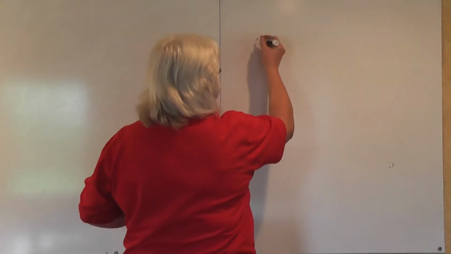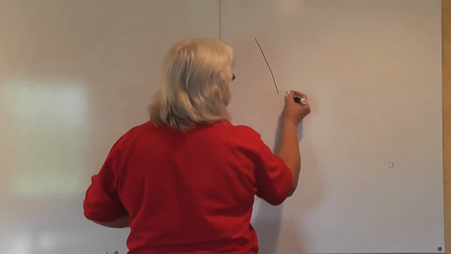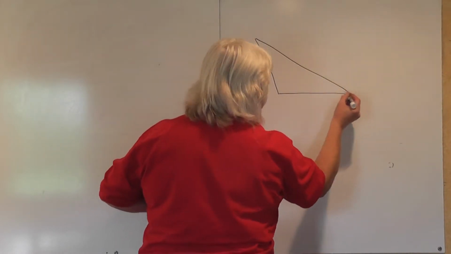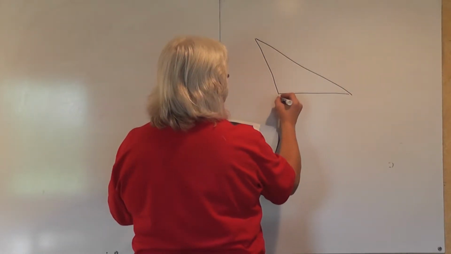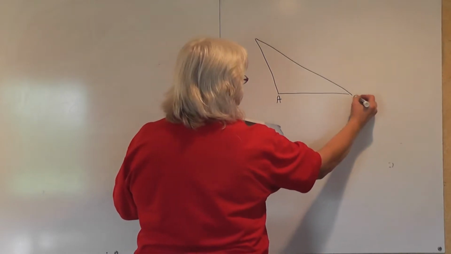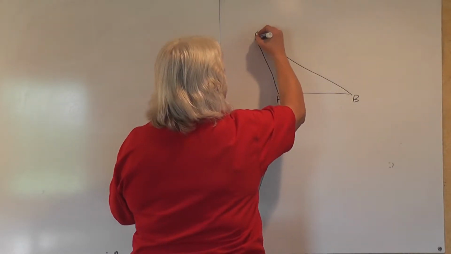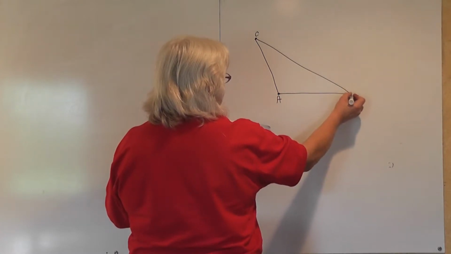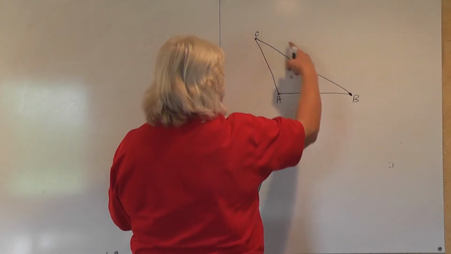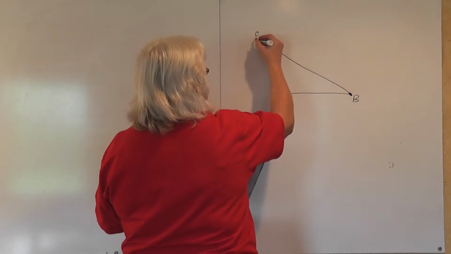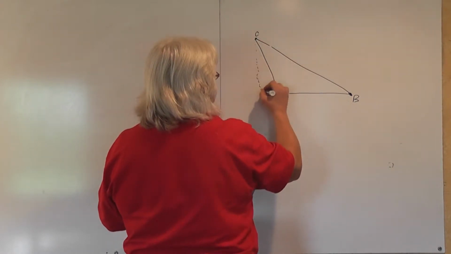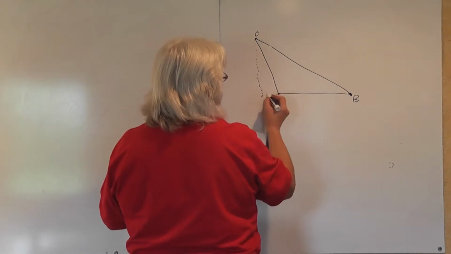I'm going to sketch this triangle here. This is the first one that's in your book. And we have points A, B, C. These are the three vertices. Vertex A, vertex C, vertex B. And we have this little thing drawn right here.